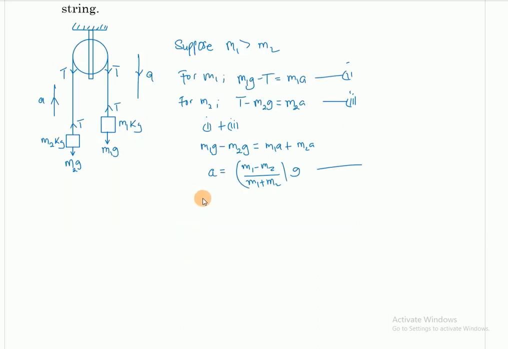Let us use equation 2, that T is equal to m2 into (a plus g), which is equal to m2 times [(m1 minus m2) divided by (m1 plus m2) times g, plus another g].